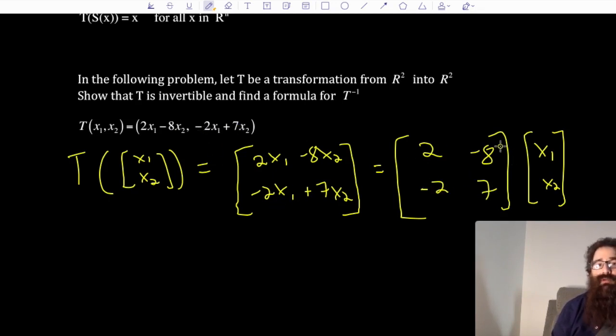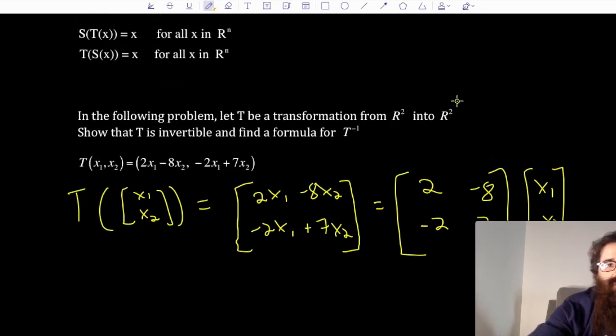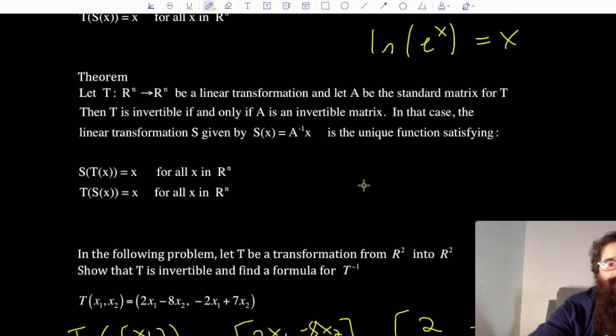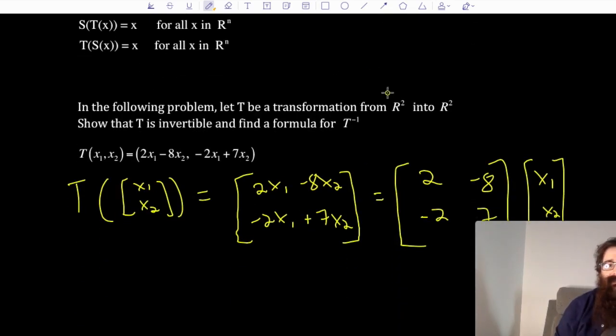And if I go through and do the multiplication, it's just going to build back, right? 2 times x1 plus negative 8 times x2 is this top entry. We do the row vector rule, negative 2 times x1 plus 7 times x2. But now I can see that this is what we're really describing. We're talking about matrix multiplication, right? I want to find this A inverse times x for S of x, but here I have T of x equals A times x. So transformation on x is A times x, and this is my matrix A.